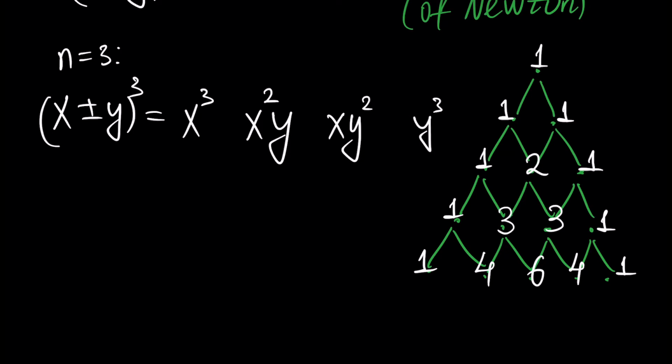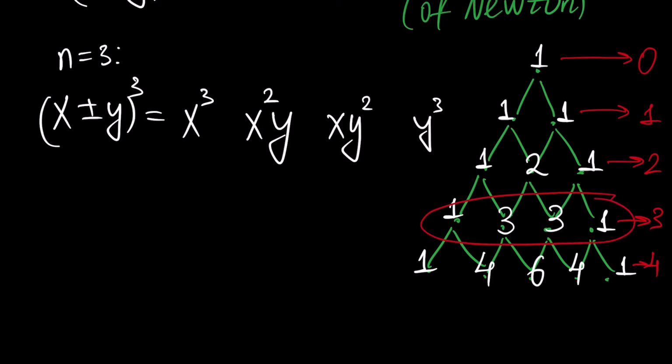Next, we have here the certain levels of our triangle: level 0, level 1, level 2, level 3, and level 4. Here we use level 3 because here we have power 3. And we use coefficients 1, 3, 3, and 1. So here we have 1. We do not write it. 3, 3, and 1.